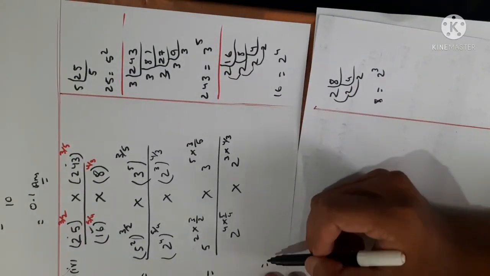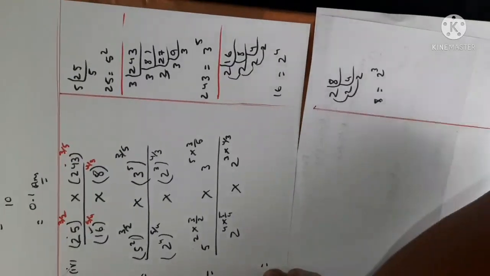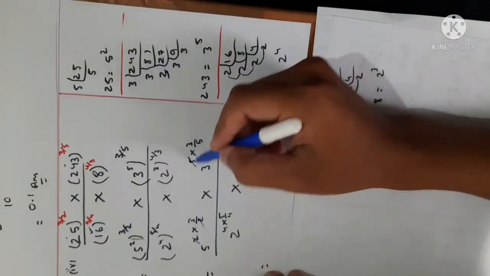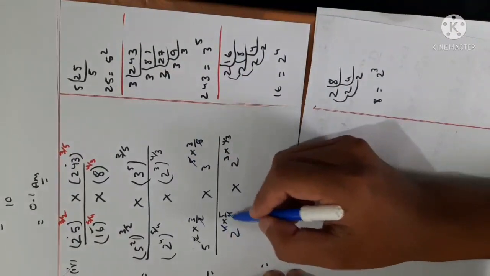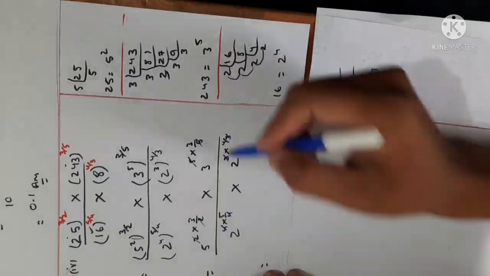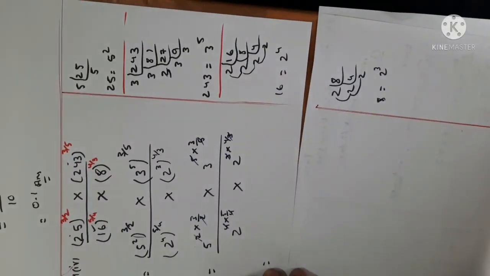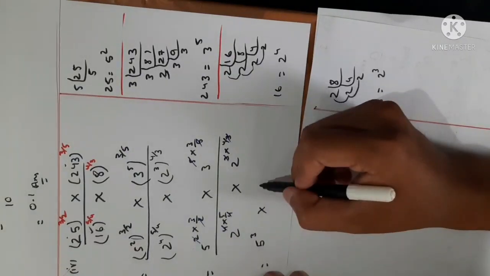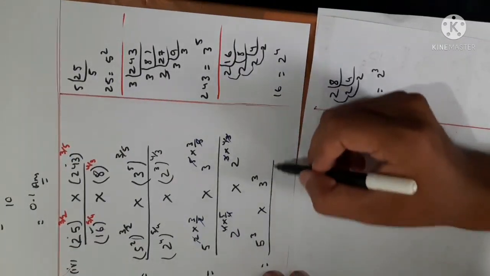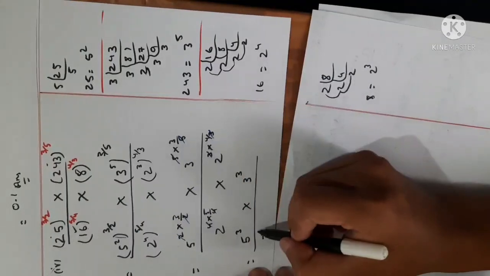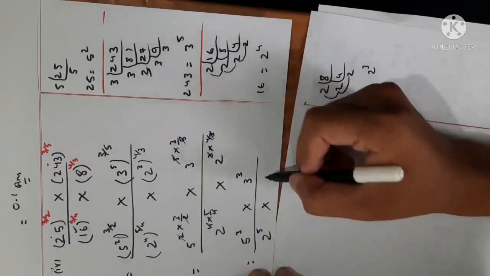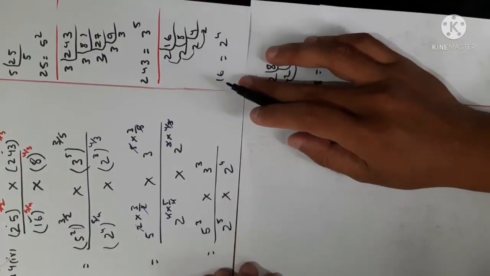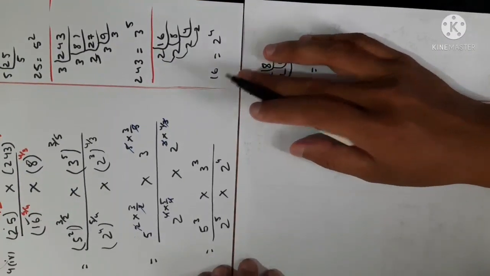So here we cancel 2 and 2, 5 and 5, 4 and 4, 3 and 3. So we got 5 cube multiply 3 cube divided by 2 to the power 5 multiply 2 to the power 4.